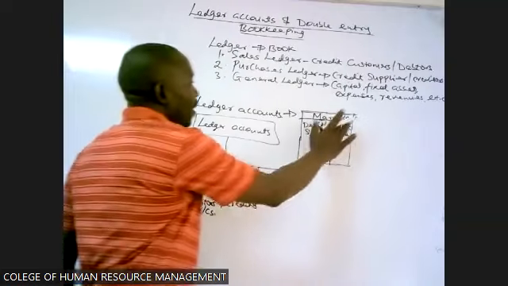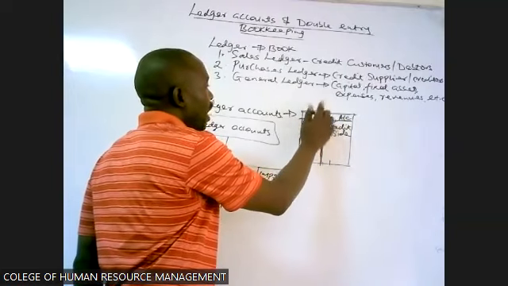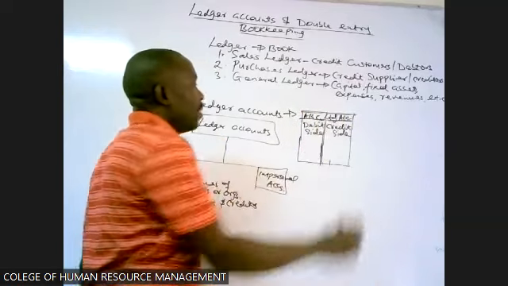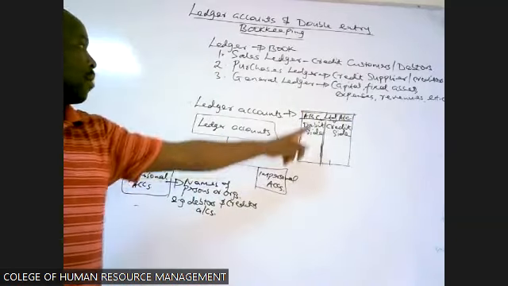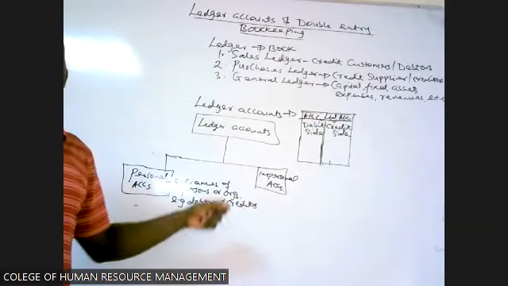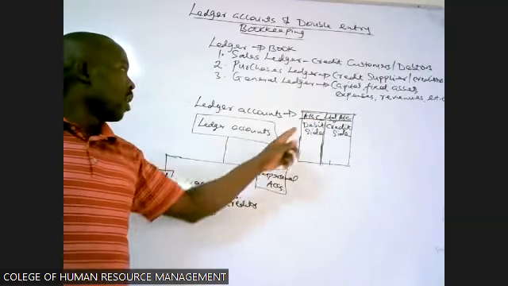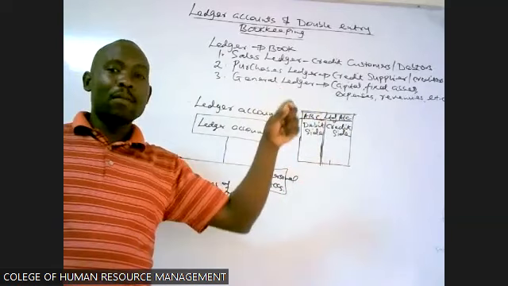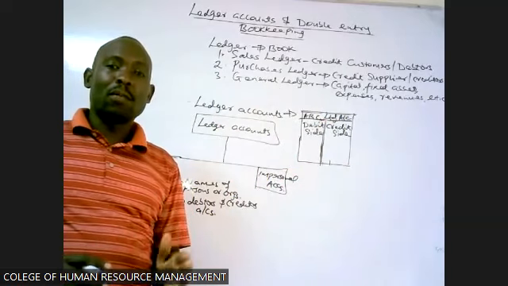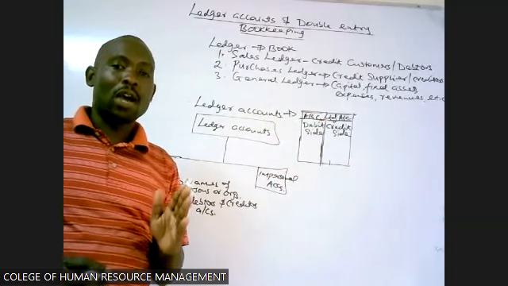The same case, instead of Mary account, we can have maybe ABC Limited account. This is the name of an organization. Maybe it is our supplier. So the moment it has either a name of a person or a name of a business organization, that account is normally considered to be a personal account.